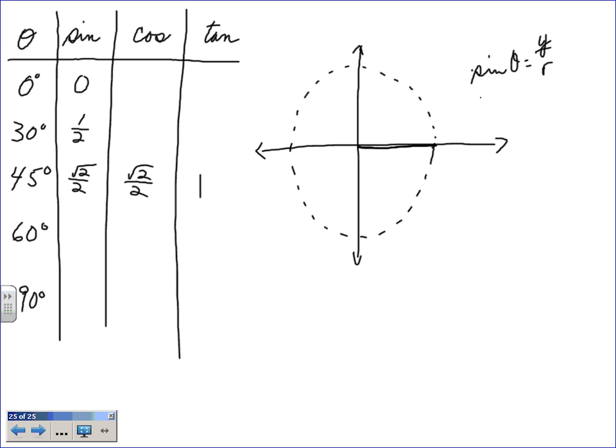And the cosine of theta, which is x over r, and we agreed that the value of this x, whatever it is, over the radius is the same. So the cosine of 0 would be what? 1. So cosine of 0 degrees is 1. What is tangent? 0. Sine over cosine.